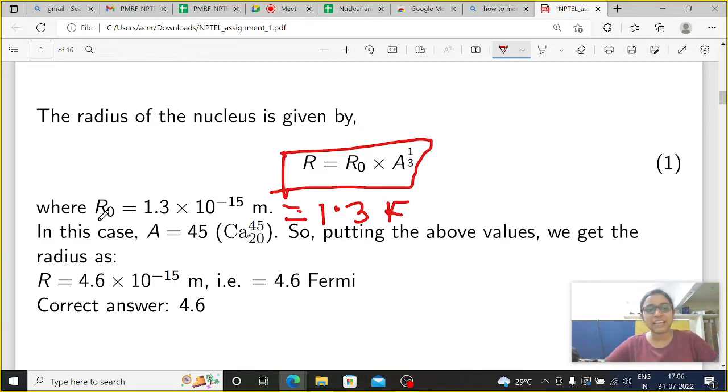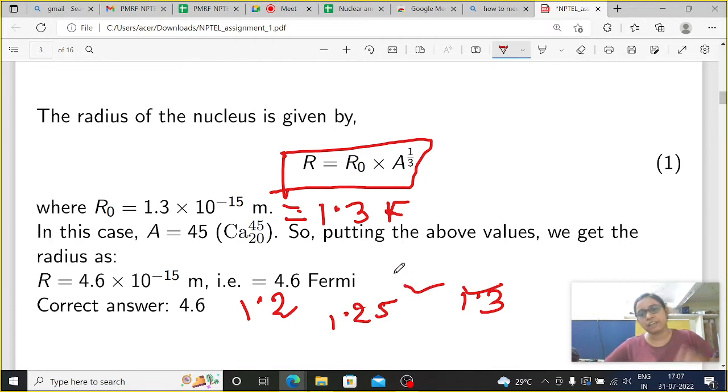Basically, r0 is the average value for the hydrogen atom nucleus. You can take any value, like 1.2, 1.25 or 1.3. As you noticed, different books have different values. So we can take any one of them, because it is an average value, not an exact value.